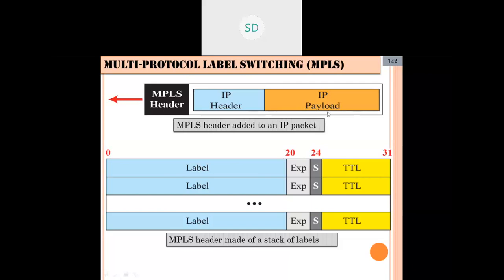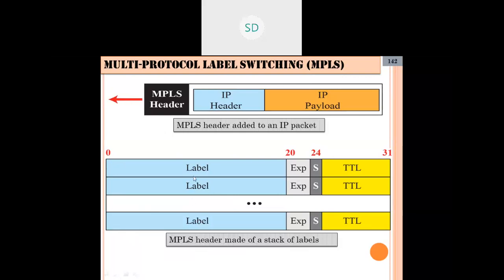It consists of the IP payload, along with the IP header, and along with that the MPLS header, that is the Multi-Protocol Label Switching header. You can observe the internal structure of the MPLS header given here.